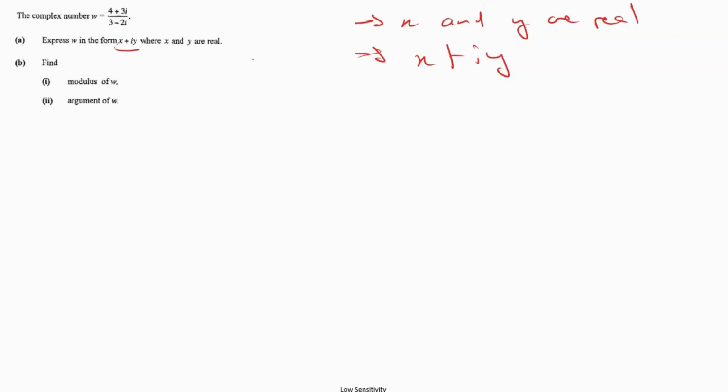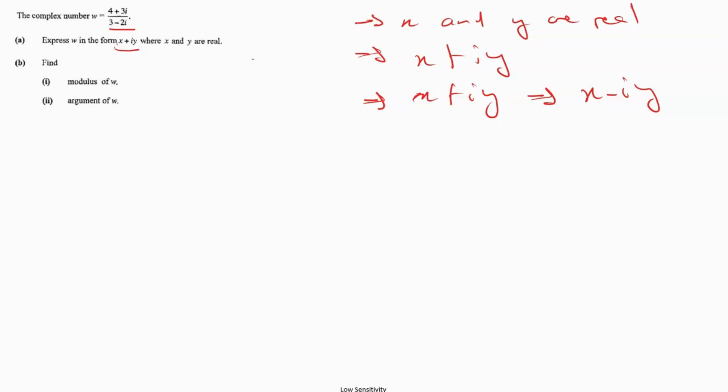So in order for us to get in this form, we need to get rid of this denominator, which is 3 minus 2i. So how are we going to do that? We're going to multiply this with its own conjugate. We know that for x plus iy, the conjugate is x minus iy. So we're going to use that concept here.